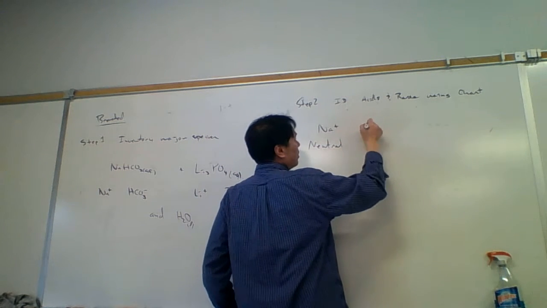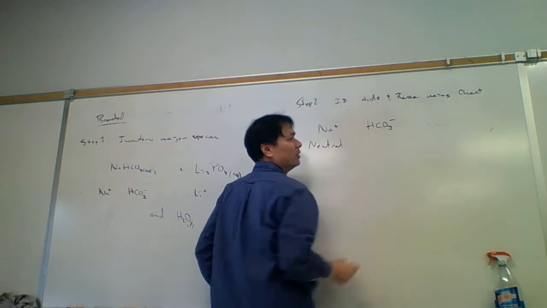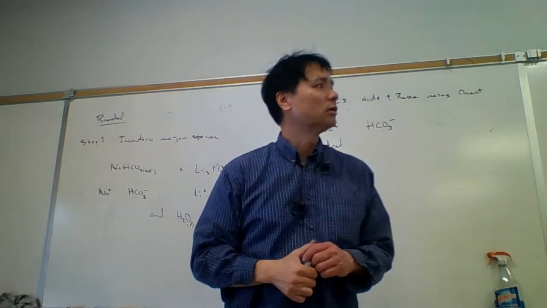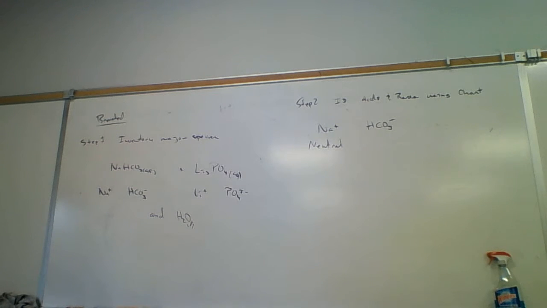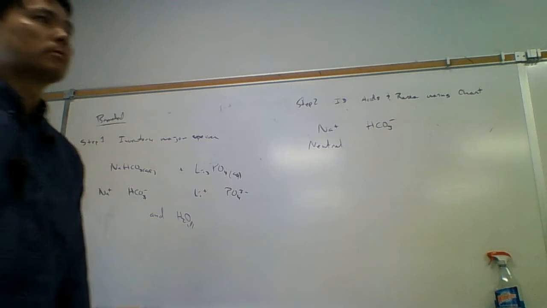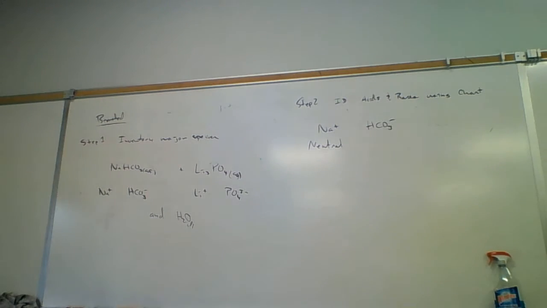And then we go to bicarbonate. Do you see bicarbonate on the chart? Do you see it? Yeah, I see it. It's right here. See that? And so this side is acid or base?